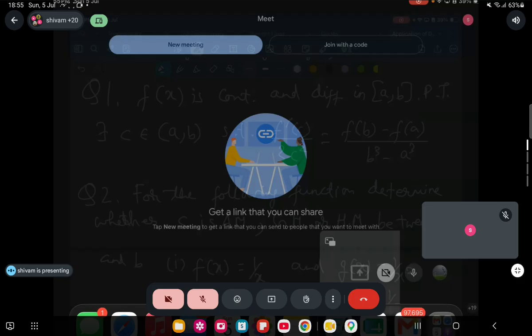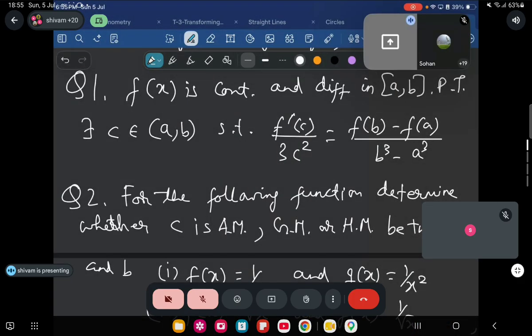Oh, one is correct. Okay, those are online. I'm checking. Let me see. Yes, Aditya, your answer is correct. Rasheshwari, your answer is correct. Samragni, your answer is correct.